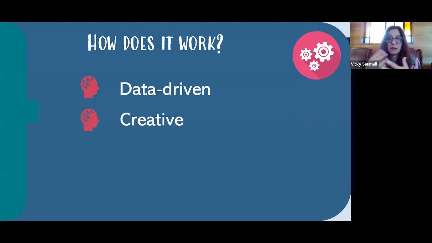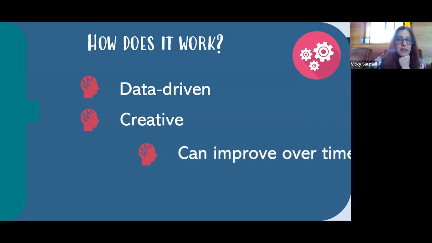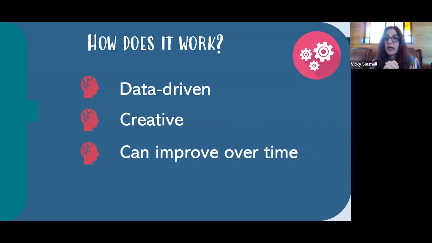And I know this is a bit controversial. Some people just argue that it merely regurgitates what it has learned. But the fact that the results are different each time we prompt it might help to back up this creativity claim. And improve over time. And this is related to continuous retraining done by the owners and also by people who use AI, continually feeding new data into the sets.